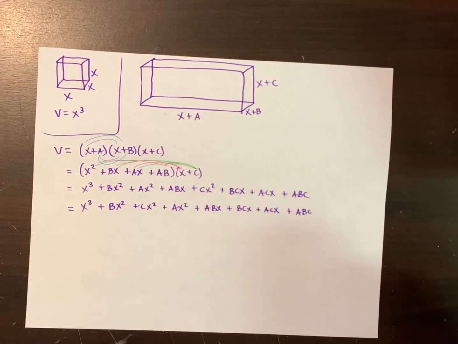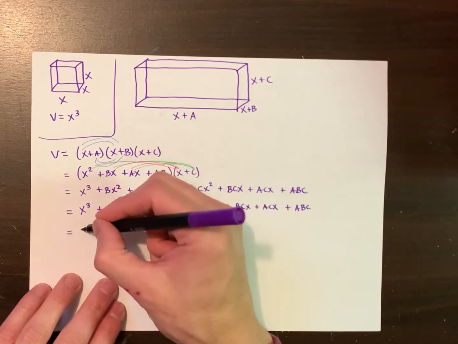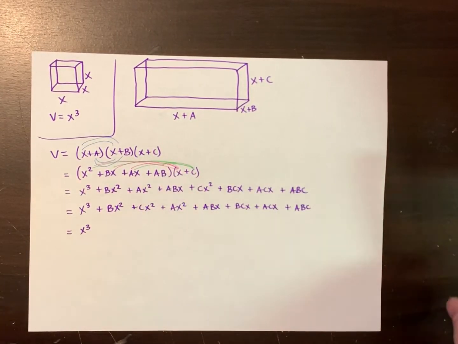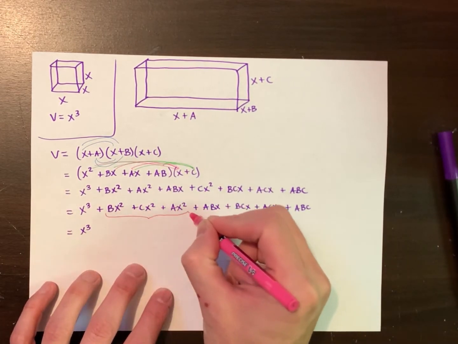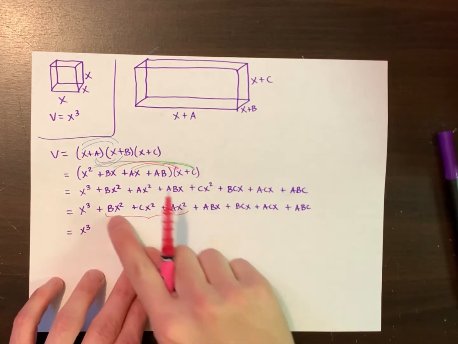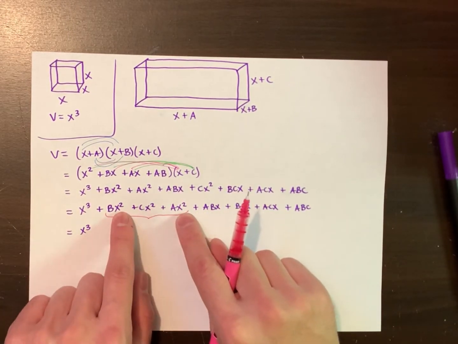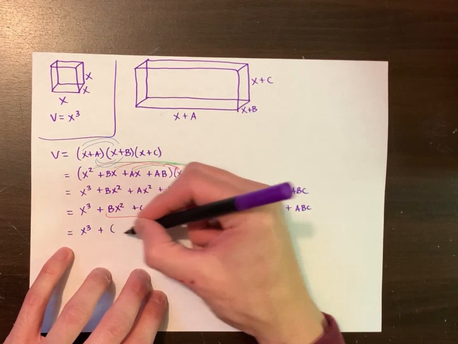Now here's what I would do. If you look at, this is just x cubed, so that stays the same. Now, if you look at these pieces here, what do they all have in common? What is their greatest common factor? Their greatest common factor is x squared. So what I'd like to do is I'd like to do this.